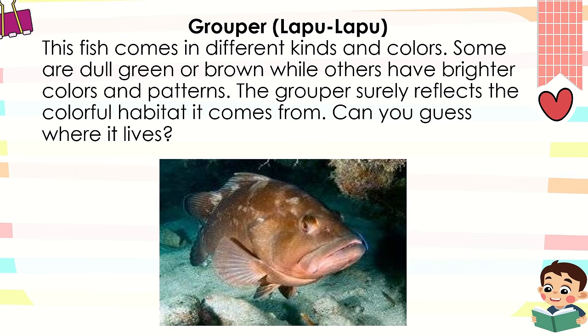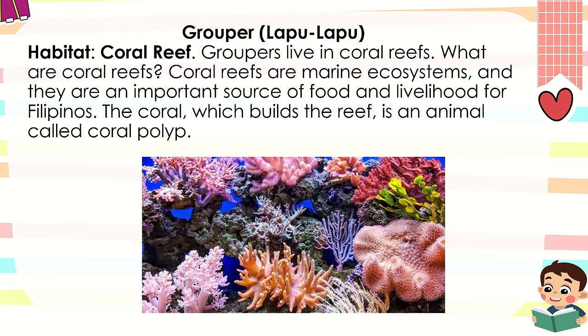Can you guess where it lives? Its habitat is coral reef. Groupers live in coral reefs. What are coral reefs? Coral reefs are marine ecosystems and they are an important source of food and livelihood for Filipinos.